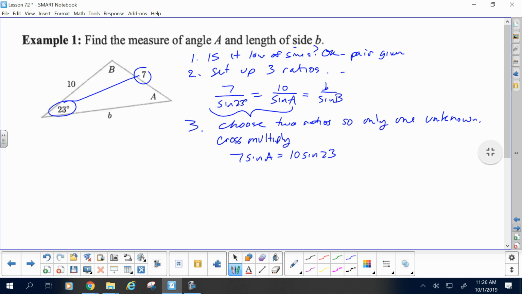I have two things with the angle A. What do I get rid of first? Sine of A is 10 sine of 23 over 7. And then A is the inverse sine of 10 sine of 23 over 7. And that's where your calculator comes in. You will need a calculator.